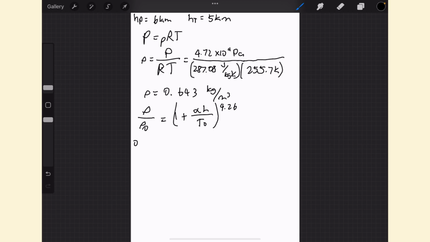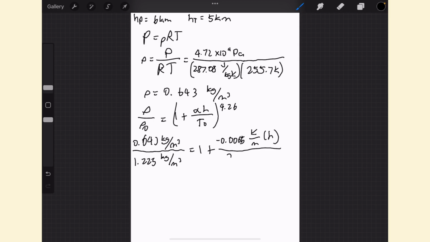So, yung P na 0.643 kilogram per meter cube over 1.225 kg, given na yan, constant, is equal to 1 plus yung lapse rate natin, negative 0.0065 Kelvin over meter times yung altitude over temperature.